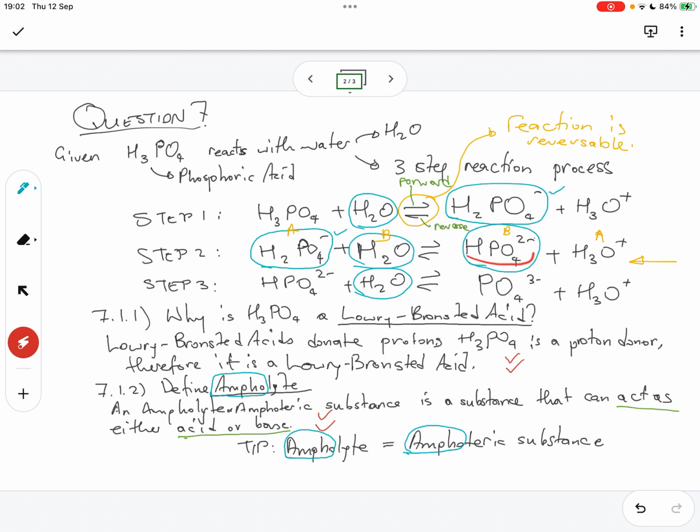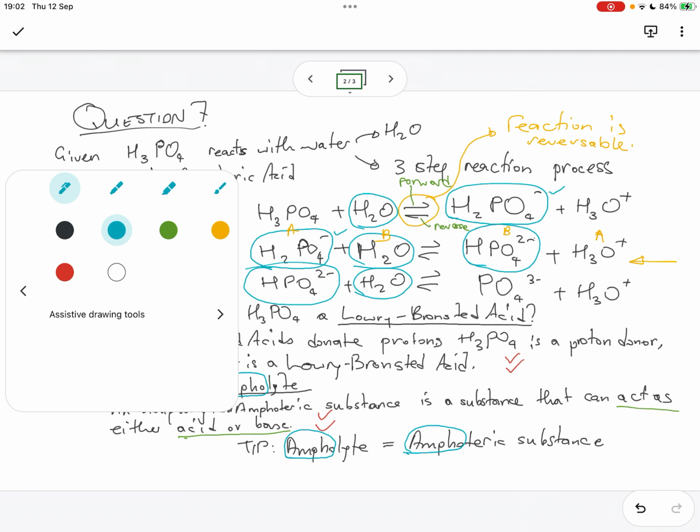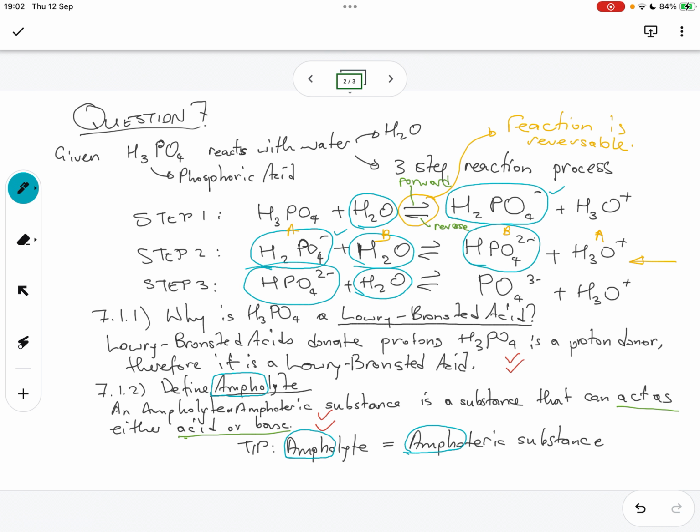Therefore, this one is acting as a base here, but in step 3, it's also acting as an acid, because when it combines with water, it gives us this one here. So yes, there are two of them. These are our, what do we call?